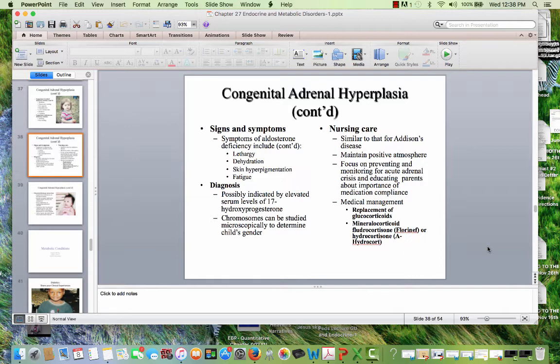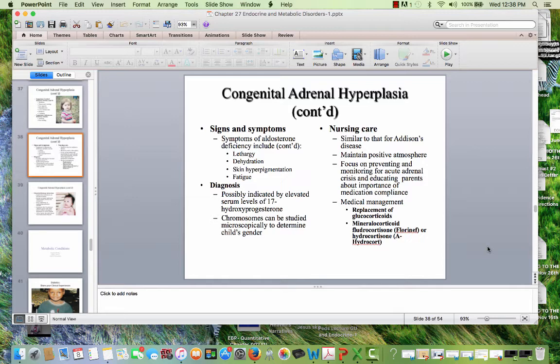So one of the things I want to talk about real quick too is the administration of corticosteroids and mineralocorticoids. Emergency care involves education regarding the administration of lifelong medications, such as the corticosteroids. Emergency administration of corticosteroids given by injection should be taught to the parents for use when the child is in crisis, such as when they're having febrile illness, surgery, trauma, or severe stress.